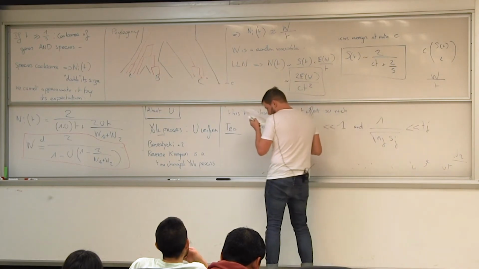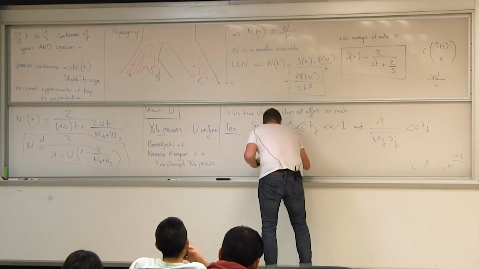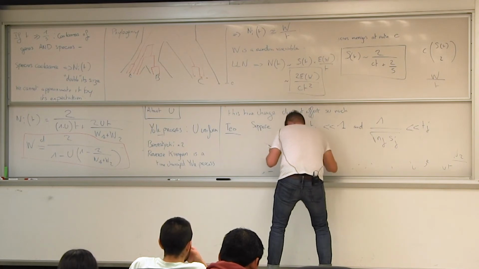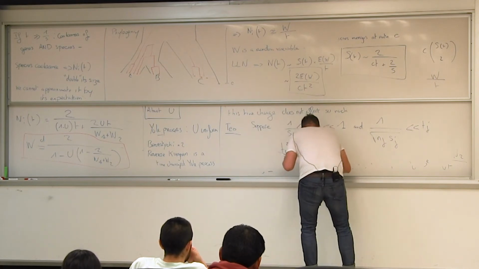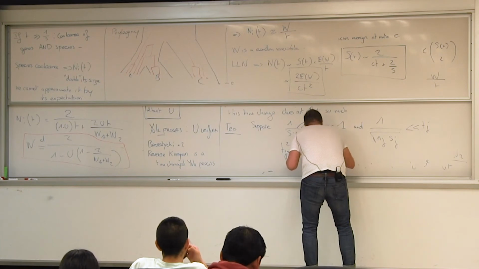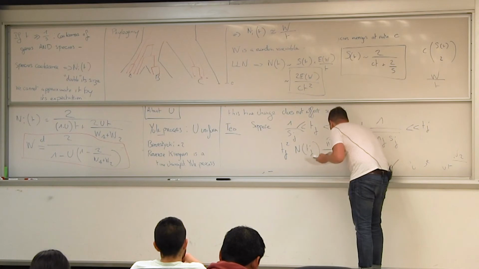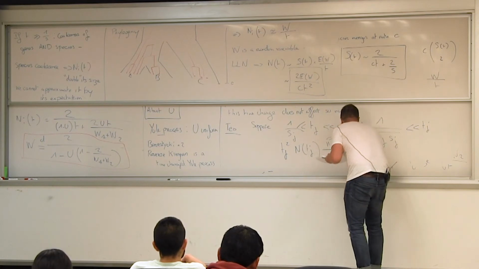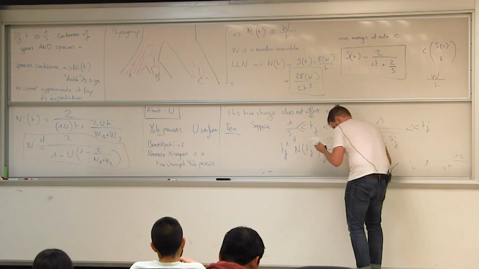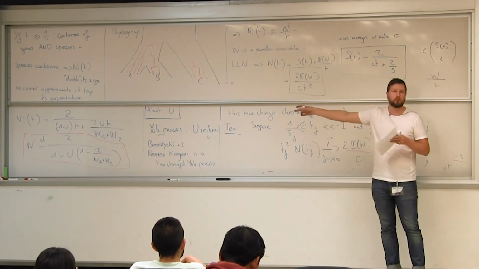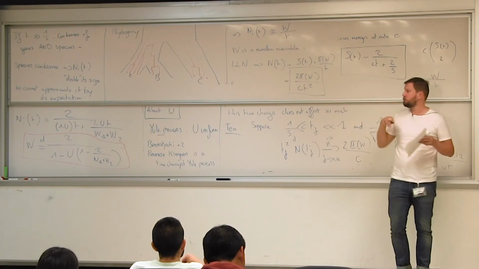Then I will have that t_j squared n of t_j is converging in probability, as j goes to infinity, to 2 expectation of W over c. Okay? And W here is the solution of this recursive distributional equation.